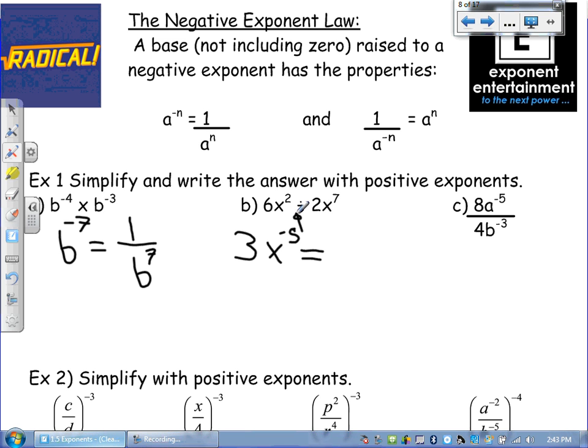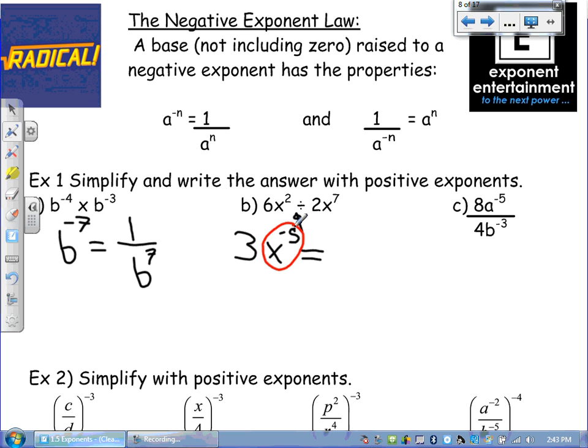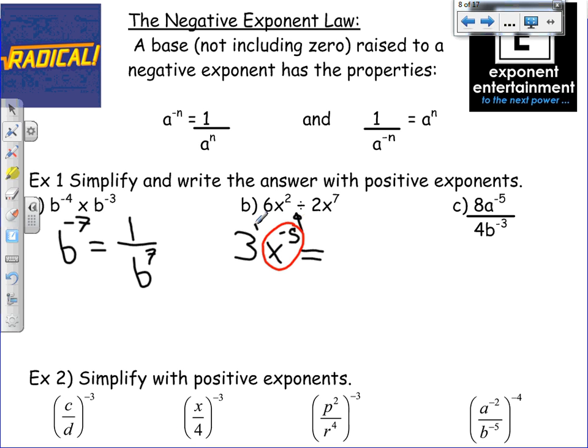You just don't see it. It's a positive exponent, so you don't move it. So the 3 is up top, and the x goes down. Anything with a positive exponent, you don't move. That 3 is technically to the positive exponent of 1. Just the x moves.